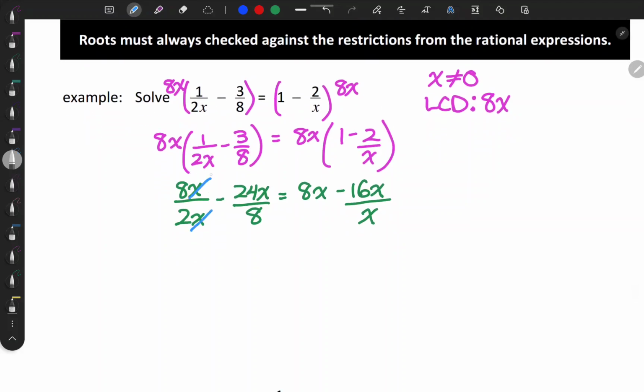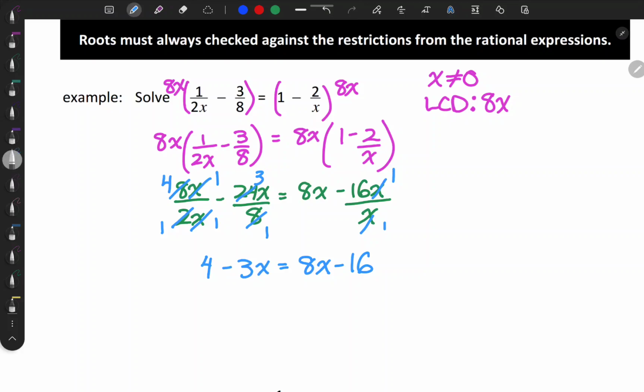So anything that divides out to 1, and just rewriting this to clean it up a little bit, we get 4 minus 3x equals 8x minus 16.